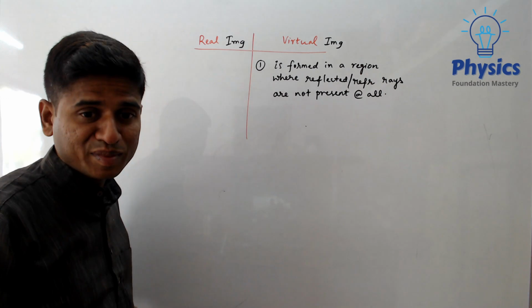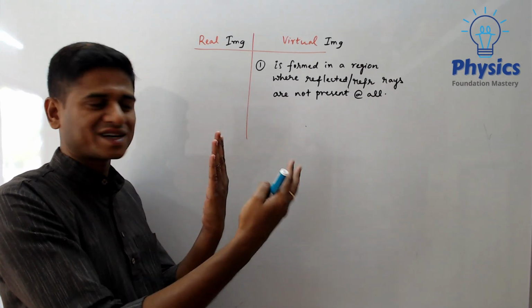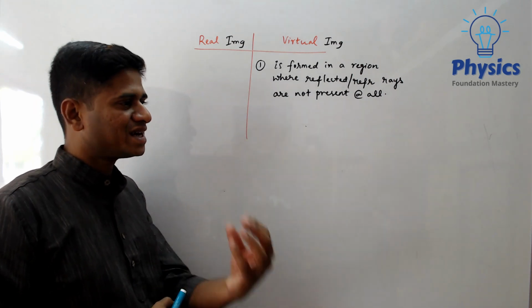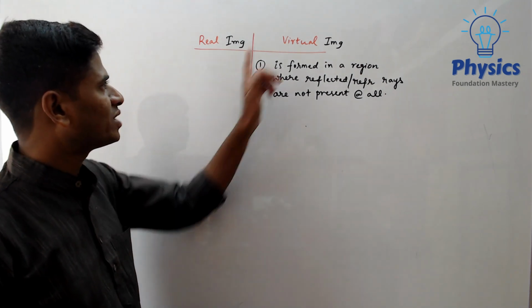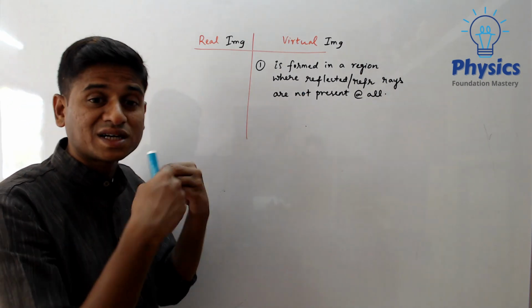For example, the image of the flower is being formed behind the mirror. Behind the mirror, there are no reflected rays. Reflected rays are coming from the mirror. But I see an image behind because that's how the brain is made. So a virtual image is formed in a region where reflected or refracted rays are not present at all.